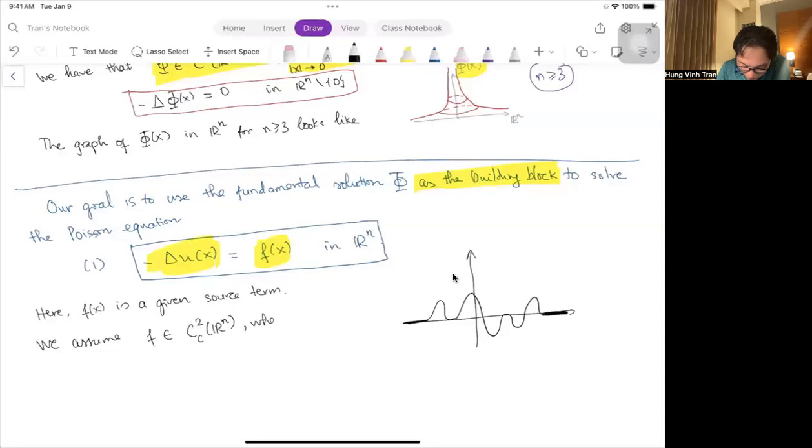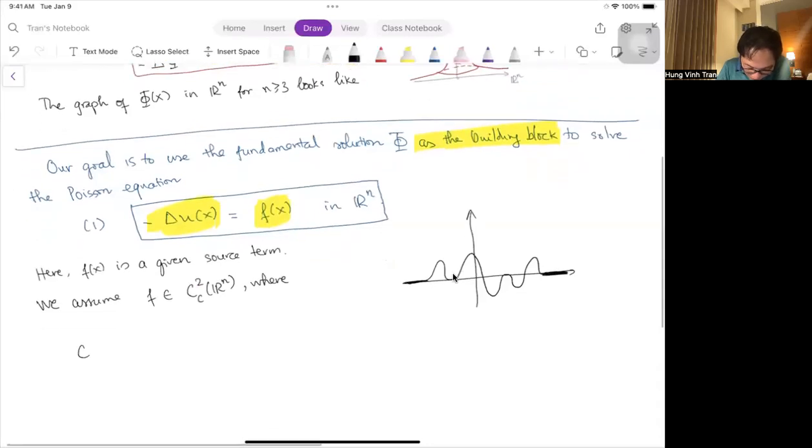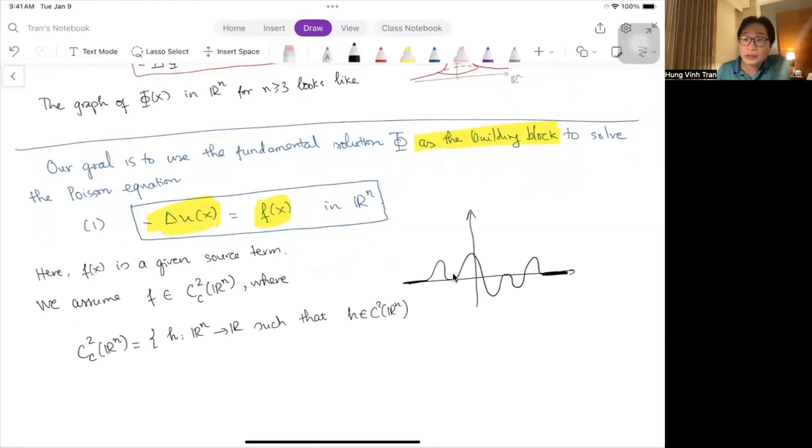Let me write out that the space C2c of Rn is the space of all functions, let's say h, mapping from Rn to R, such that h is in C2 of Rn, and h is compactly supported, that is, h is 0 outside of a big ball.